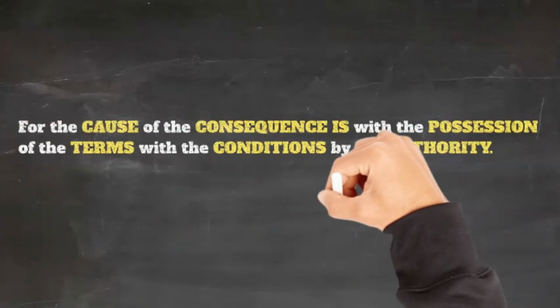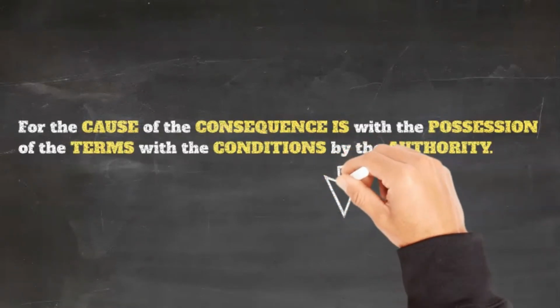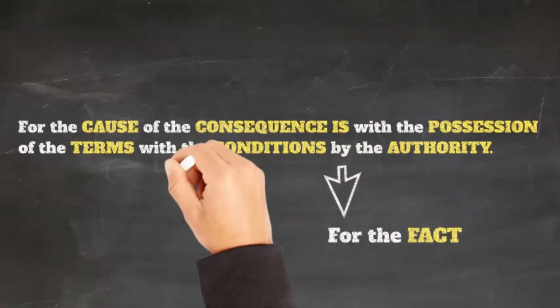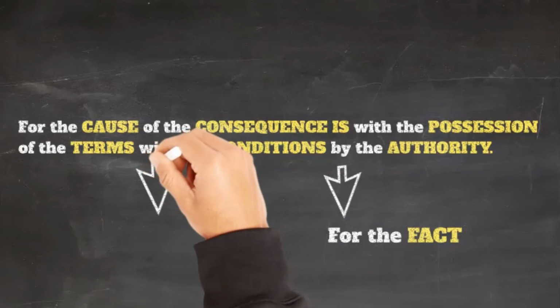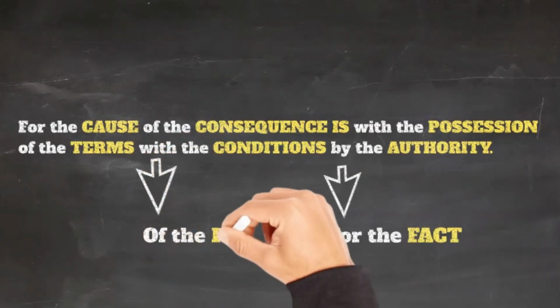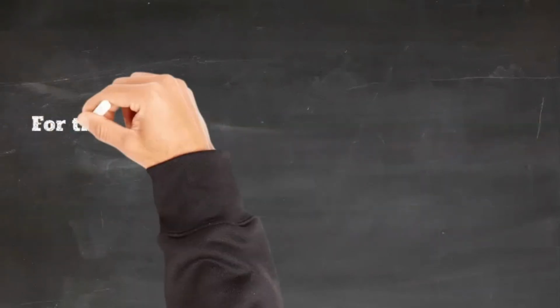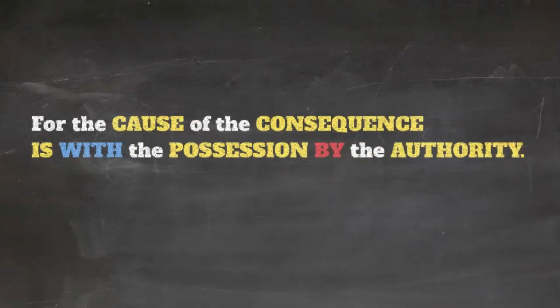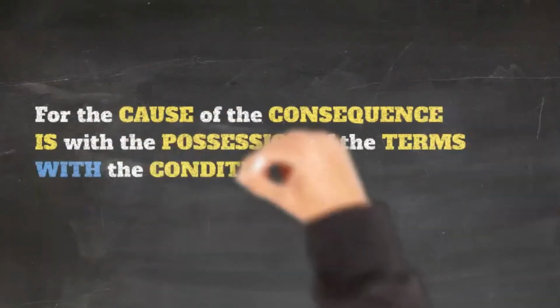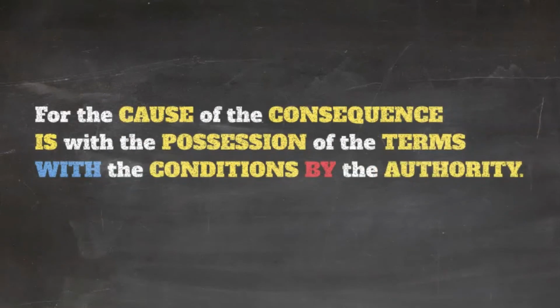So when read backwards, the first two positions used will be for and of. Their opposites. This is why we must always add terms and conditions. Otherwise the positions will be out of sync for our sentence to be certified backwards.